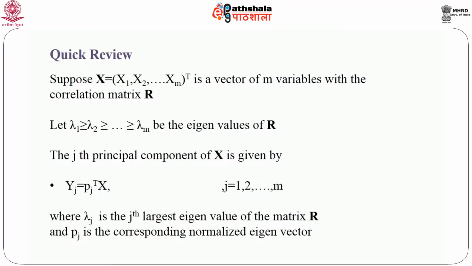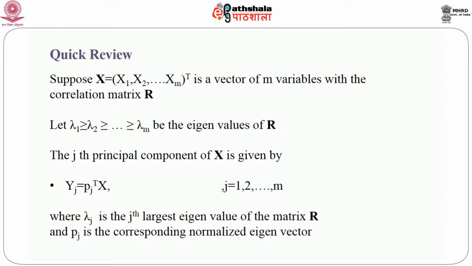So let us have a quick review of principal component analysis. For a more detailed description, one can refer back to the previous modules about the theories on principal component analysis and the results.